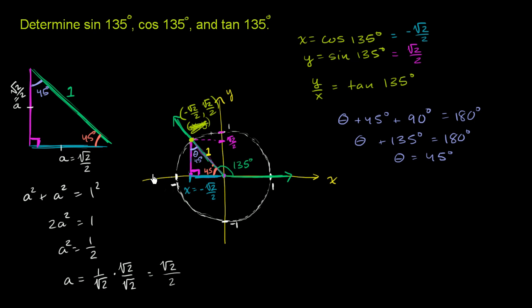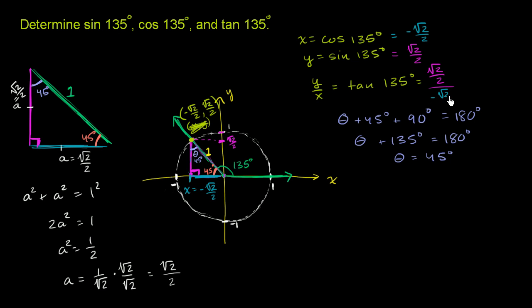And so my final question for you, and then we are done, is what is the tangent of 135 degrees? Well, we know it's just the y value over the x value, so that's going to be equal to, the y value is square root of 2 over 2, and then the x value is negative square root of 2 over 2.